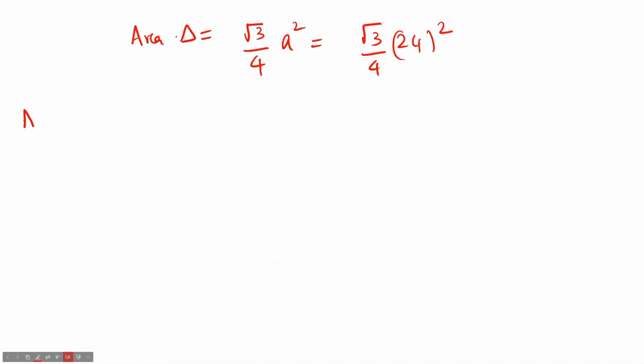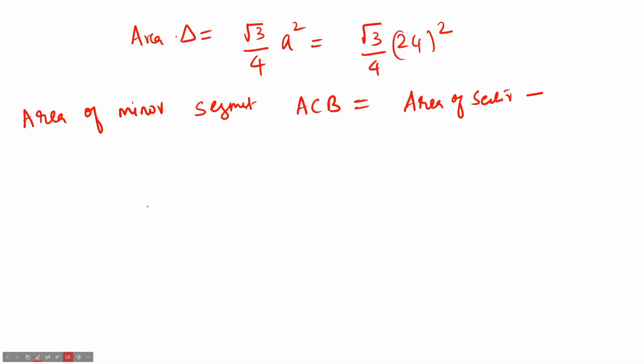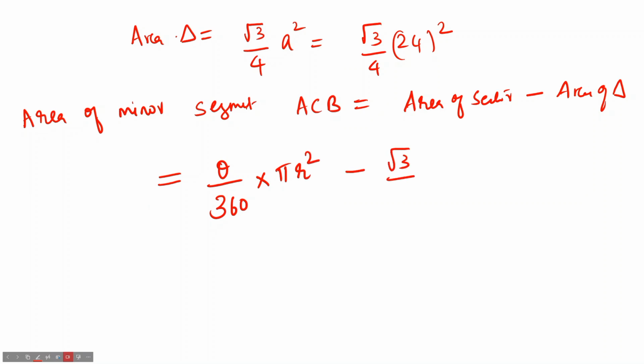So we can write area of minor segment ACB equals area of sector minus area of triangle. So this area, you know the equation, theta divided by 360 times pi r square minus root 3 by 4 a square.